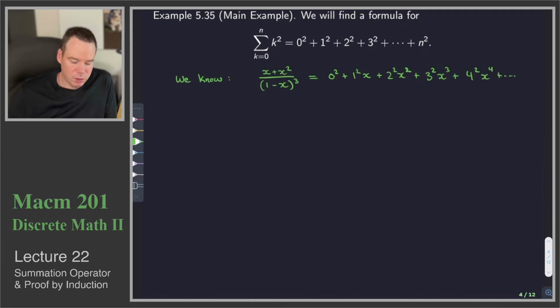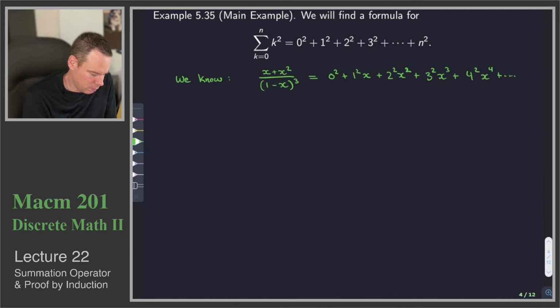So this is a generating function for the sequence of perfect squares, or consecutive squares. Now what we'd like to do is apply the summation operator to this, and then extract the nth coefficient, because that would be the sum of the first n squares.